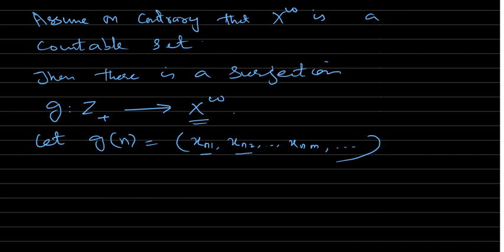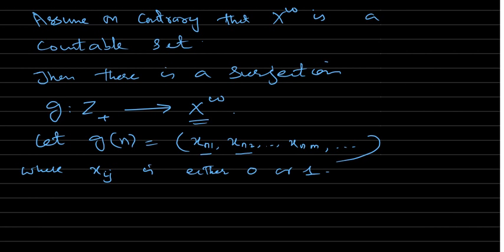X is a set consisting of two symbols, two letters 0 and 1. So x ij, whichever element is here, x ij is either 0 or 1.